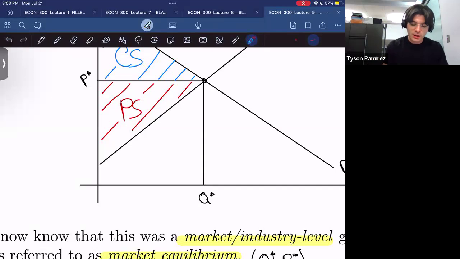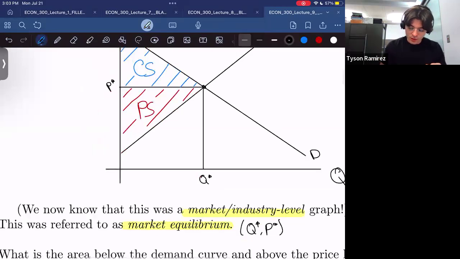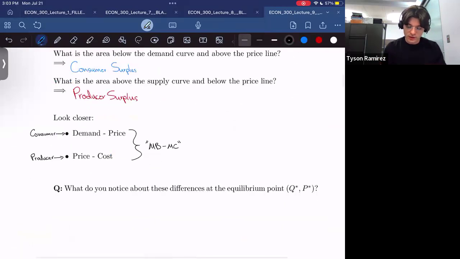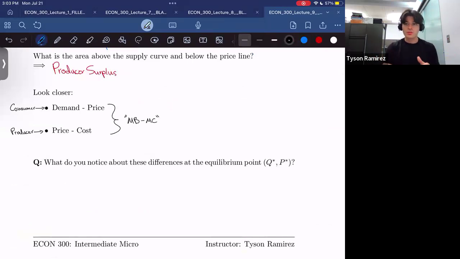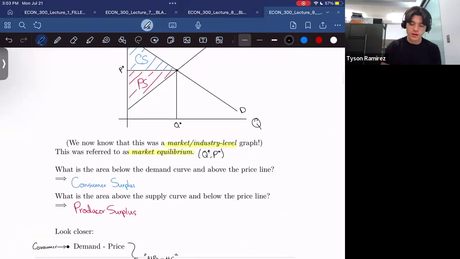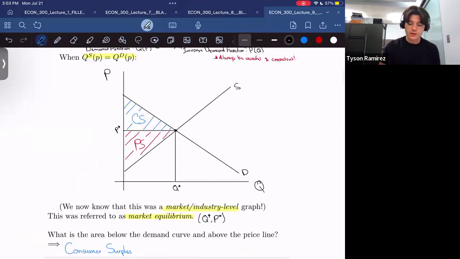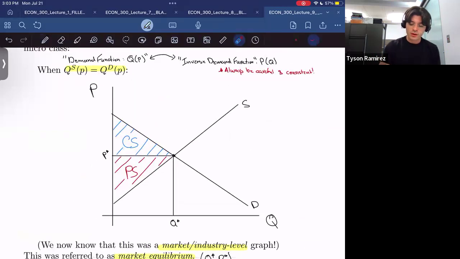Now, what do we notice at the equilibrium point, at Q star, at P star, up here, at that exact point on your screen? What is the consumer surplus, only at that point, not the total, but at that quantity? How much surplus is there on the demand side? Zero, right?